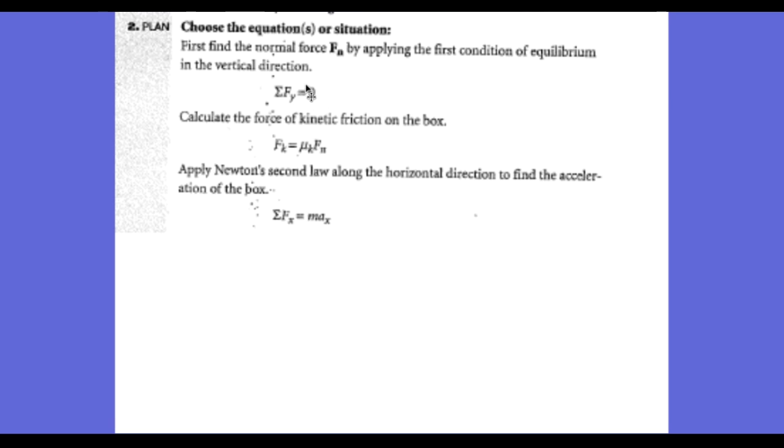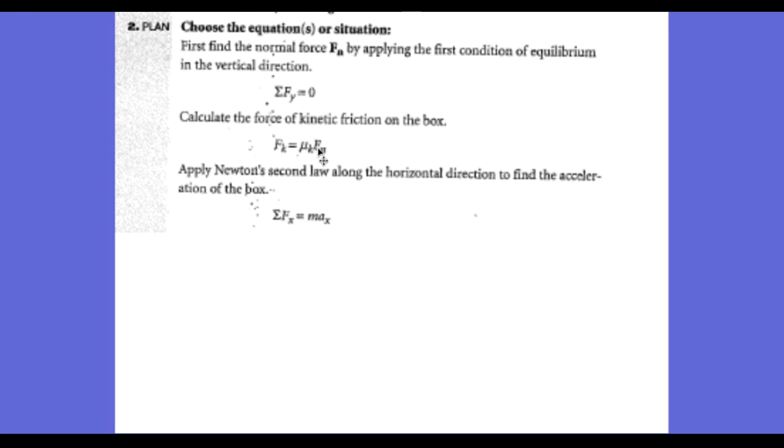And in the y direction, which is the up and down direction, the crate is not moving. So I know the acceleration is 0. So Newton's second law, force equals mass times acceleration, is 0 because acceleration is 0. Also in the y direction, that's how I'm going to be able to find out what the normal force is, by solving this y equation.